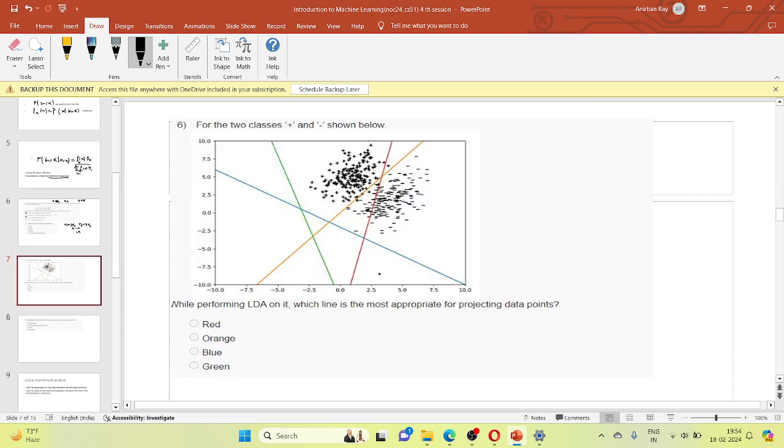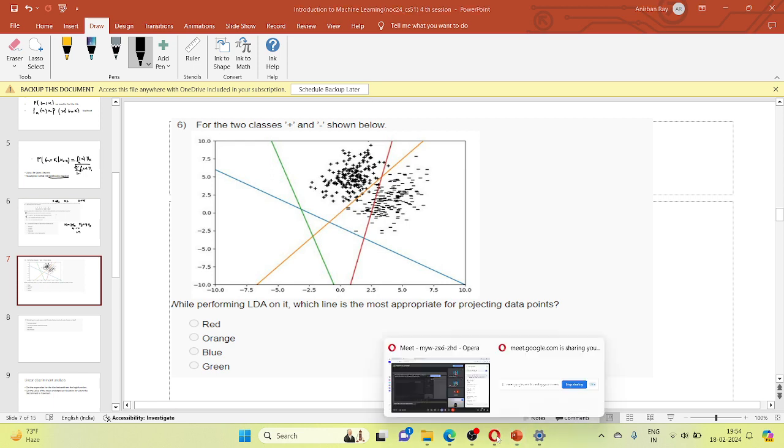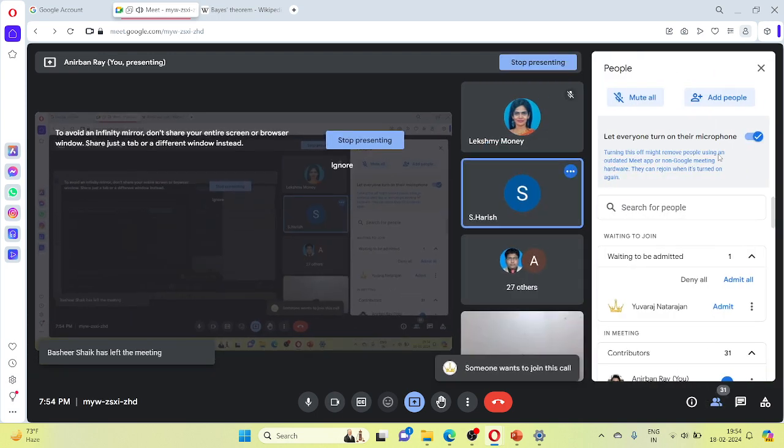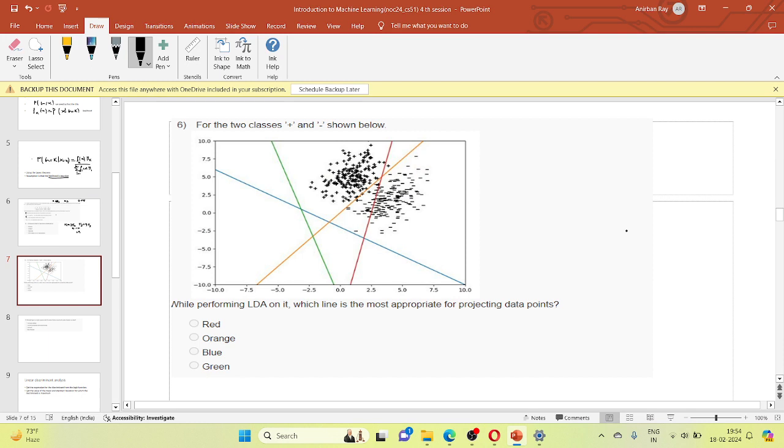As you see this question here, please mute your voice. So what is the most appropriate line for projection? As you can see, this blue line is the one along which the data will be well separated.